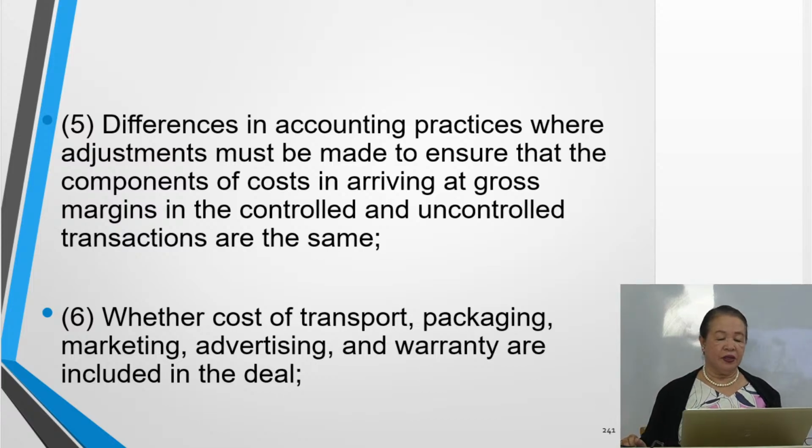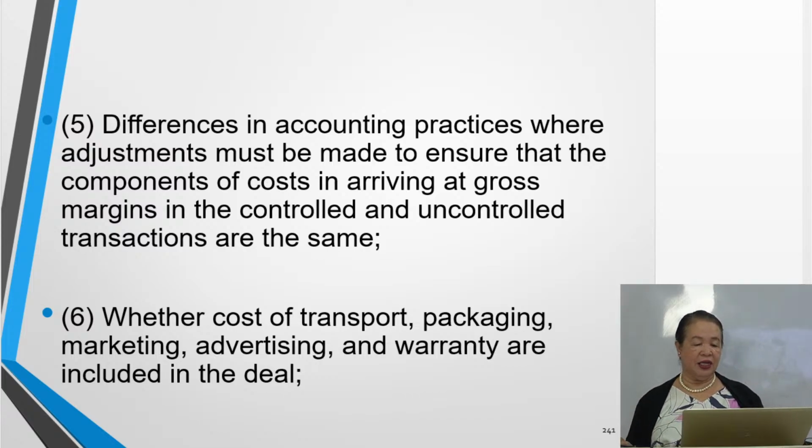So, whether the cost of transport, packaging, marketing, advertising, and warranty are included in the deal. No? Kasi bakit sila magkaiba ng gross profit? Because the cost of transport, packaging, marketing, advertising, and warranty are included in the deal, no?